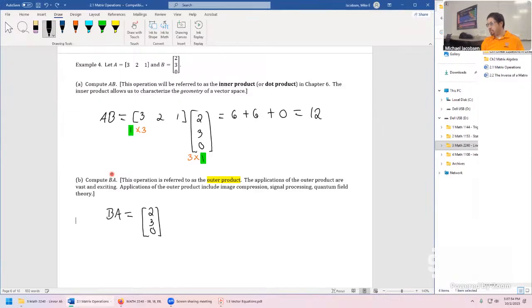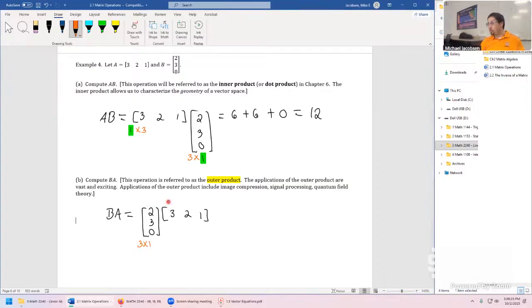Let me fix that 0 first. Multiplying 3, 2, 1. This multiplication is valid as well. The column vector has 3 rows, so it's of size 3 by 1, excuse me, I got those backwards, let me try again, struggling with dimensions today.